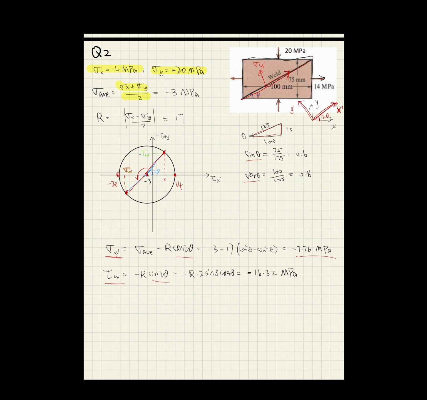Be careful, here there's a minus sign, because on the Mohr circle the y-axis always stands for minus tau x prime y prime. So if you get this point, it seems like it's a positive value, but when you are converting to the real situation, you should apply the minus.